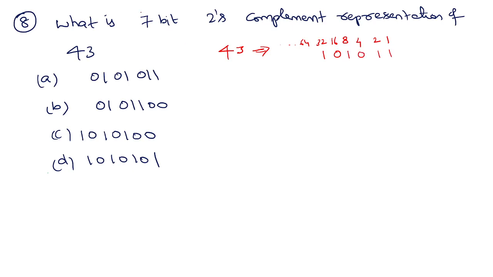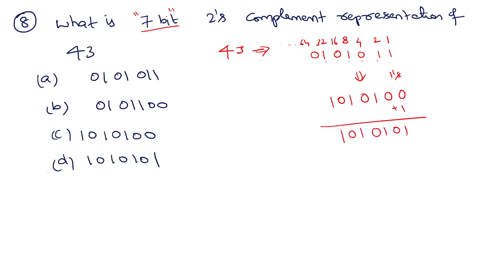How many bits are they saying? 7-bit representation. How many bits do I have? 1, 2, 3, 4, 5, 6. So I add one bit to this. Then I take the one's complement, that means 0, 0, 1, 0, 1, 0, 1. Then add 1 to this: 1, 0, 1, 0, 1, 0, 1.